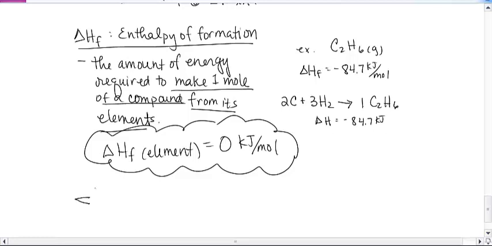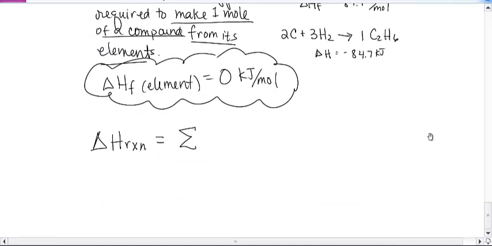Here's the short method. The delta H, this is the formula for it. Delta H for the reaction is equal to, this is a mathematical operator. Anyone know what that means? Summation. It's like an epsilon, capital E in Greek. It means summation.